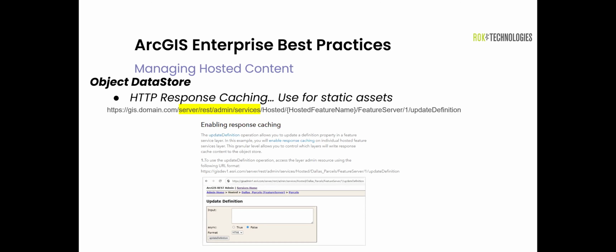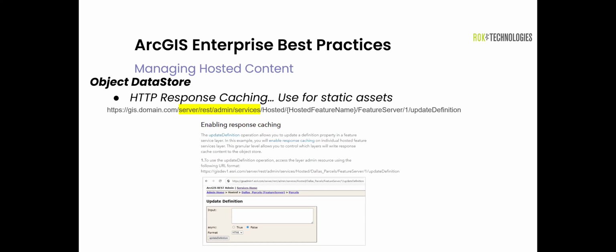So with workload separation, ideally you want to have reference services on a different server site than your hosted server. Now, if you're not using a lot of hosted services, that's fine. This is all up to your organization and how you want to use your site.